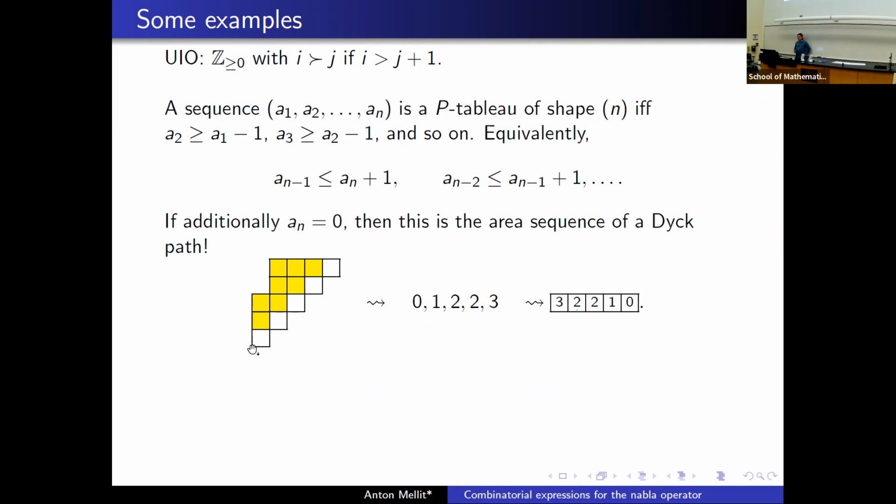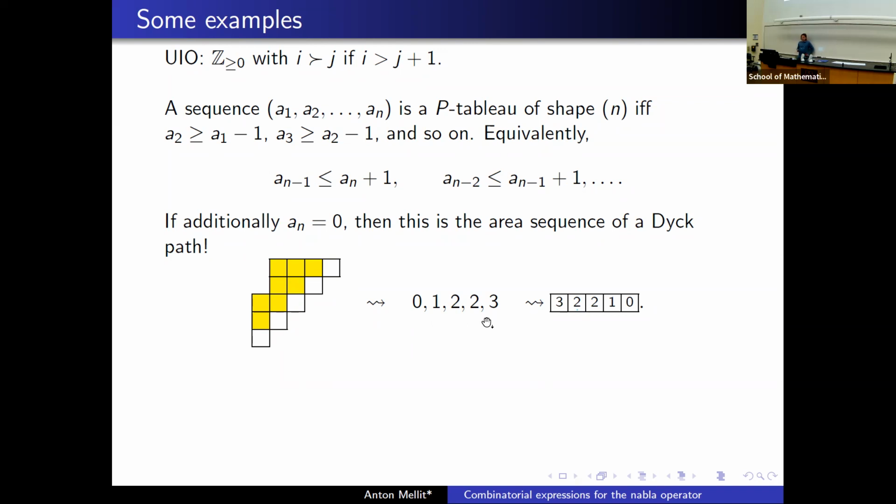So what's the area sequence of a Dyck path? You draw a Dyck path like this. It's the same Dyck path, but it has a completely different role in this discussion. It has nothing to do with the previous picture. When you have a Dyck path, you can count for each vertical step how far you are from the diagonal. You start with 0, then you get 1, then 2, and again 2, and then 3. So this is the area sequence of the Dyck path: 0, 1, 2, 2, 3.